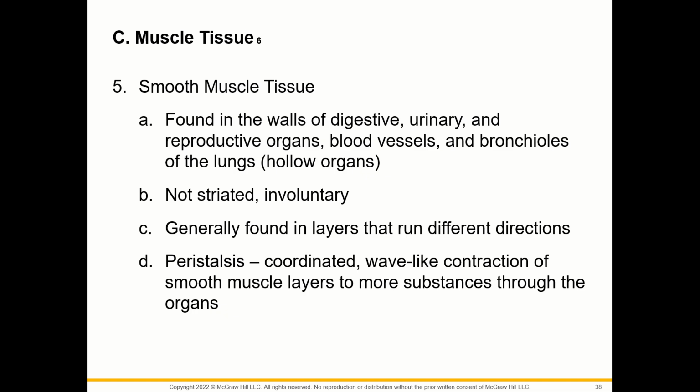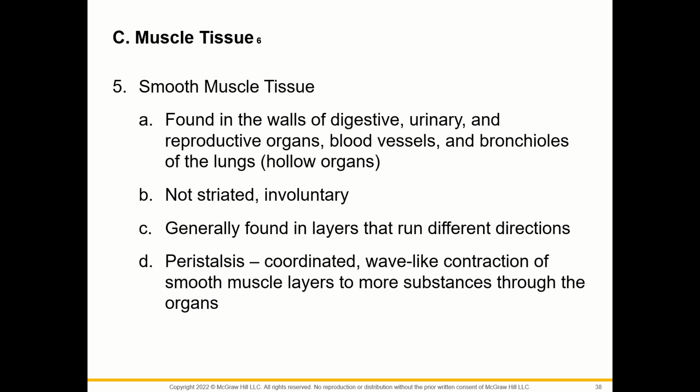Smooth muscle is found in the walls of digestive, urinary, and reproductive organs, the blood vessels, and the bronchioles of the lungs. These are all hollow organs. Smooth muscle tissue is involuntary, like cardiac muscle. However, it is not striated, which is where the name smooth muscle comes from.